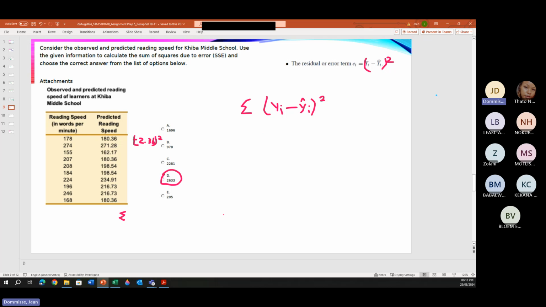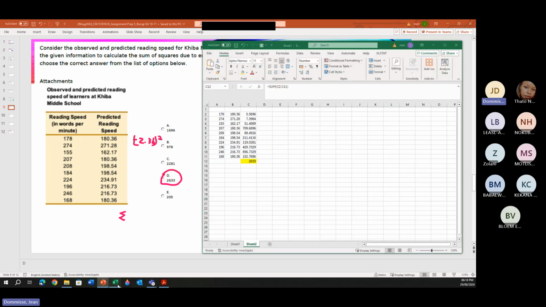Then you will get to the 2633. But again, it is very easy, by hand or in Excel, to make a mistake originally when you capture the data. In Excel, it is a bit easier if you set up your formula and just drag it through, then it's easier to get to the answer than doing that for every one and then still adding everything together.